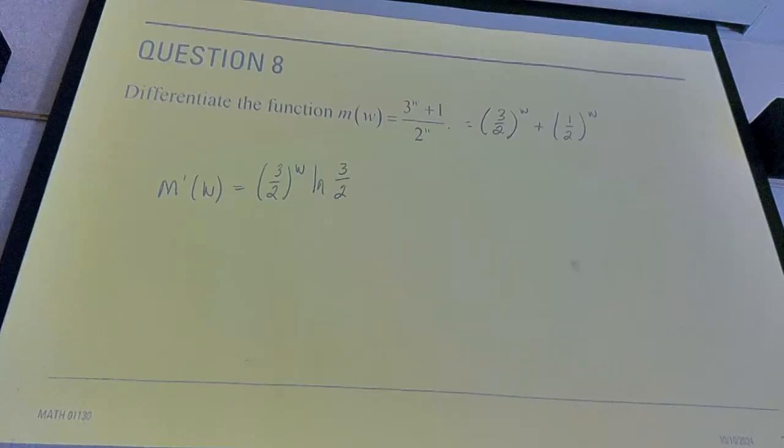Which can now be simplified, just to make it look nicer. Or, if you prefer to keep it as 1 over 2 to the W, that's fine. But log of 1/2 is the same as negative log 2.